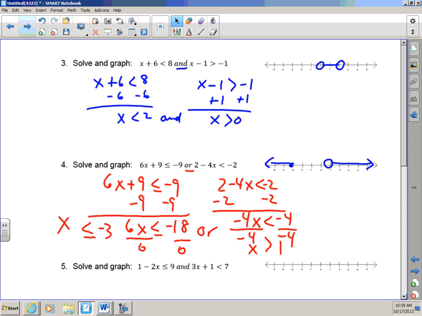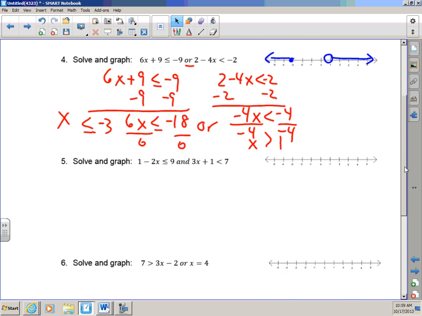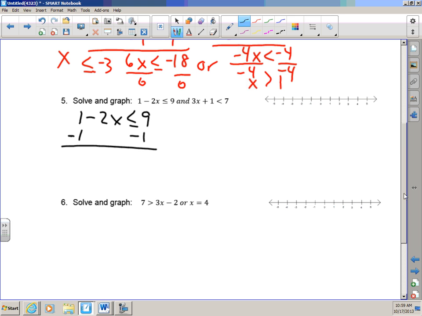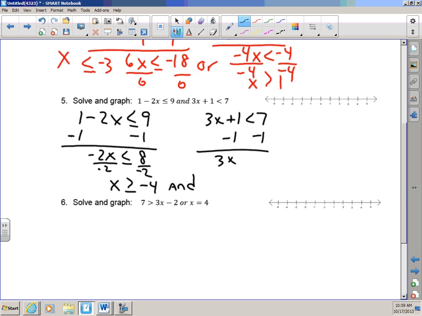Next one, and these become kind of redundant after a while. So I want to solve each of these. So x is greater than or equal to negative 4, and x is less than 2.